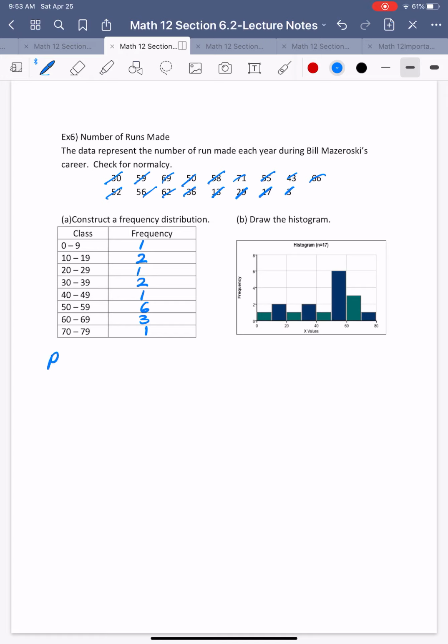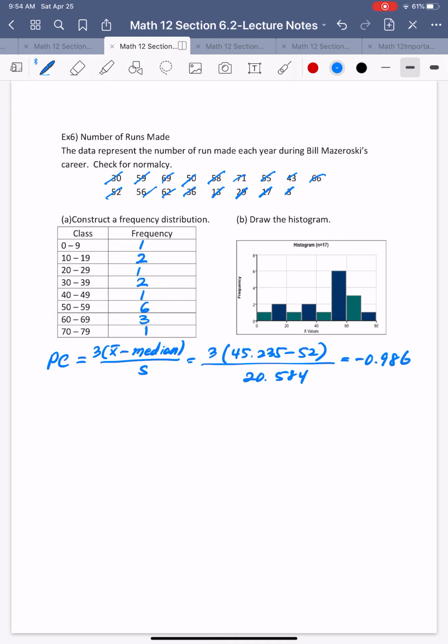So use the Pearson coefficient test: 3 times (x bar minus median) divided by s is 3 times (45.235 minus 52) divided by 20.584, which is negative 0.986. I'm going to say this value is close to negative 1.